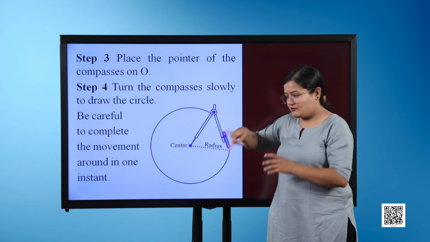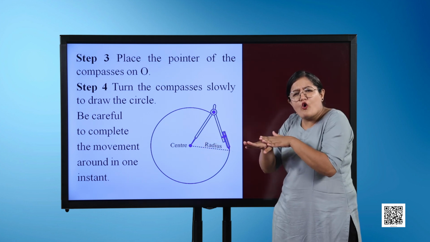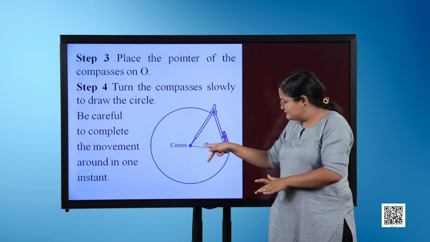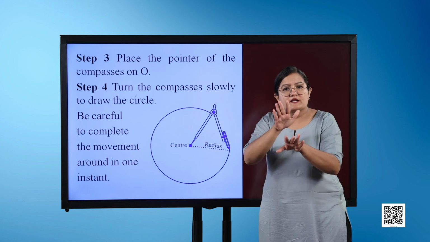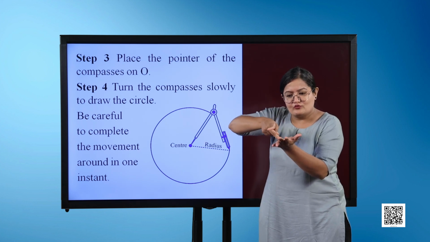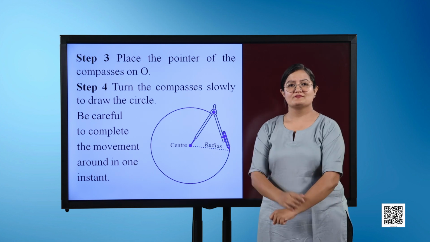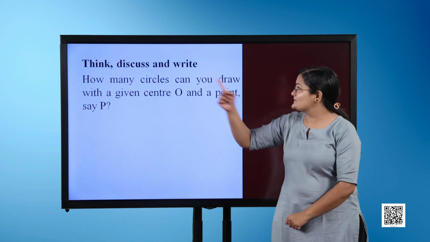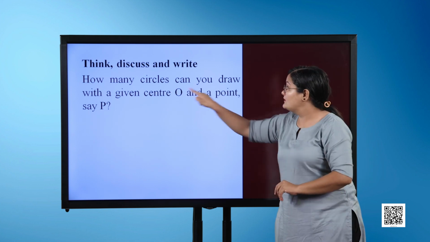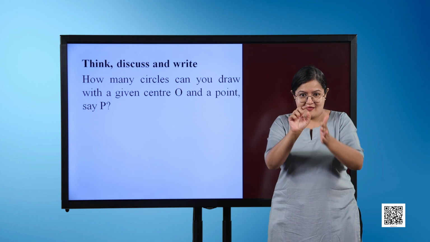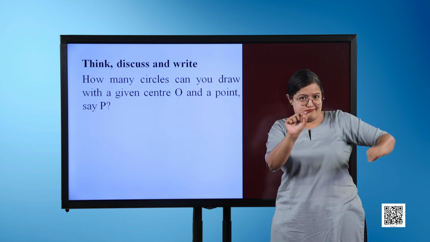Turn the compasses slowly to draw the circle. Be careful to complete the movement around in one instant. Think, discuss and write. How many circles can you draw with a given center O and a point, say, P?